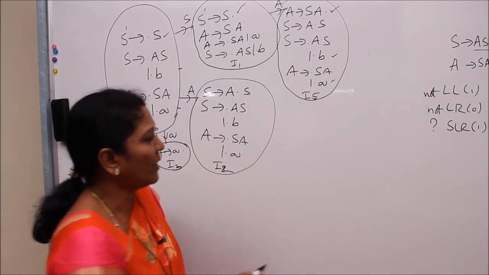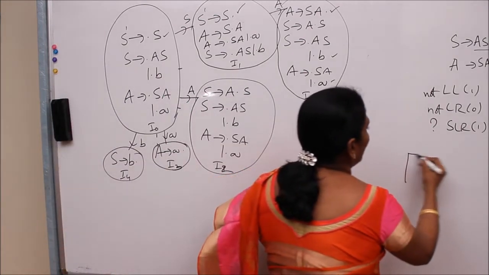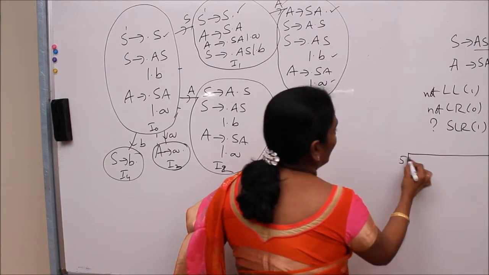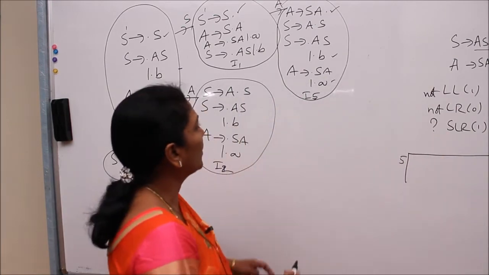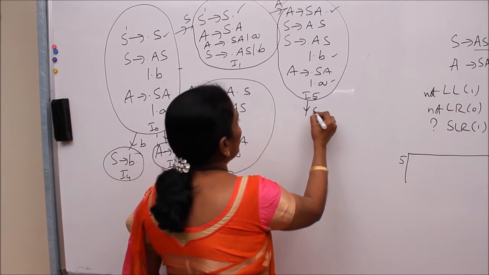Now for SLR1, I need to construct the row for state 5. How do I construct for that? Find all possible transitions.